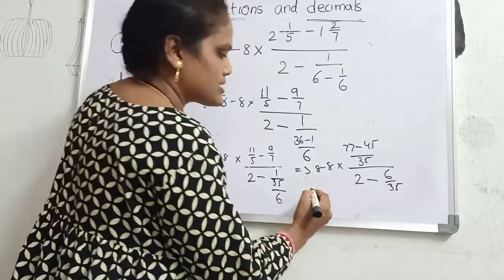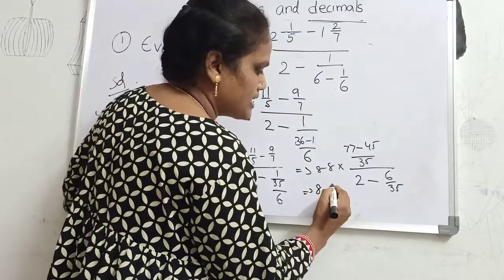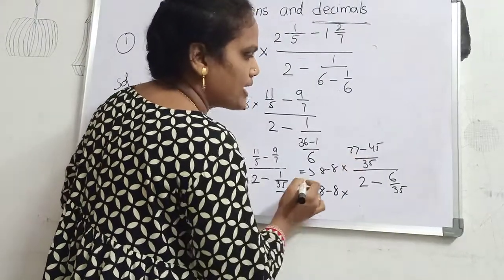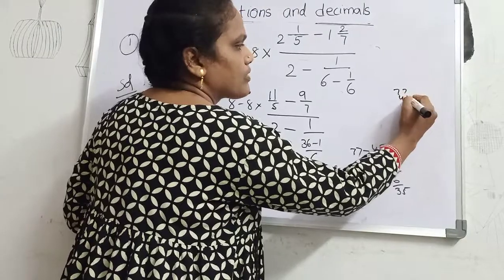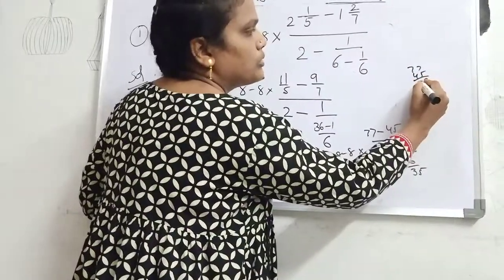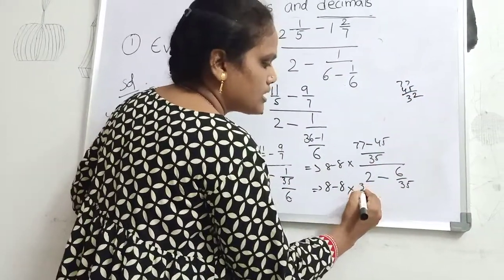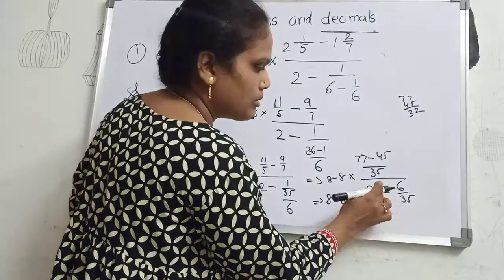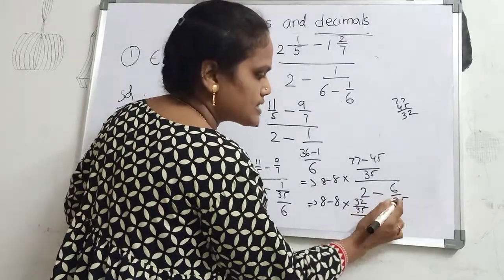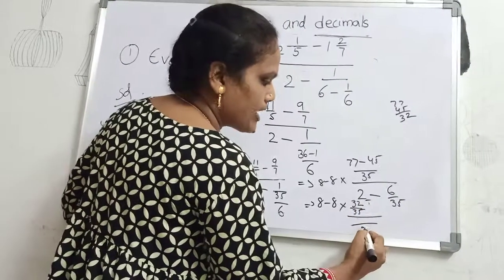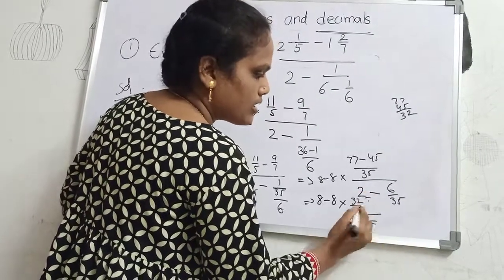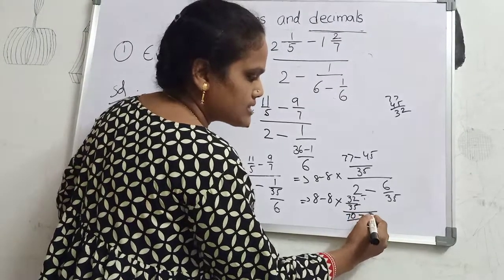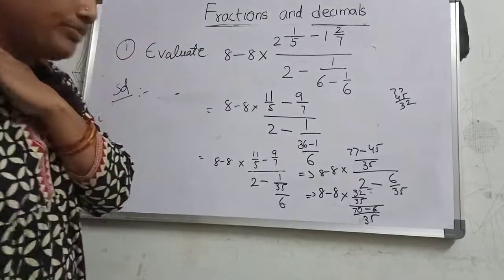Next, 8 minus 8 into 77 minus 45, which is 32, so 32 by 35, by, here also we take the LCM, 35 into 2 is 70, minus 6.